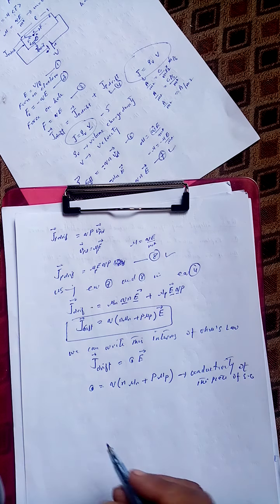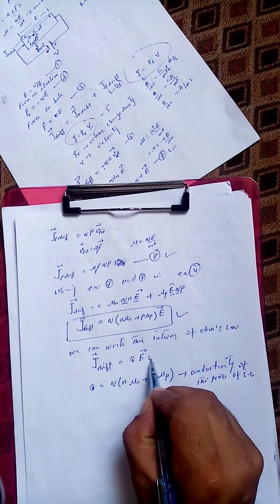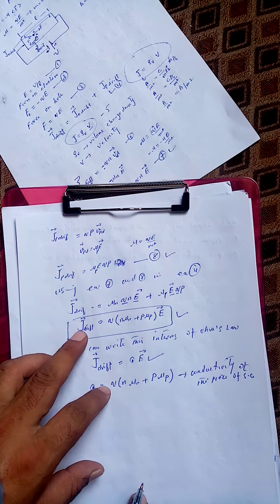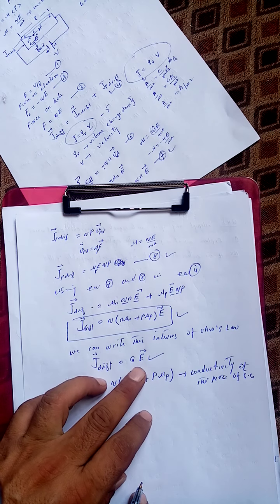So we have these two relations: this is the drift current, and this is the drift current in terms of Ohm's law.